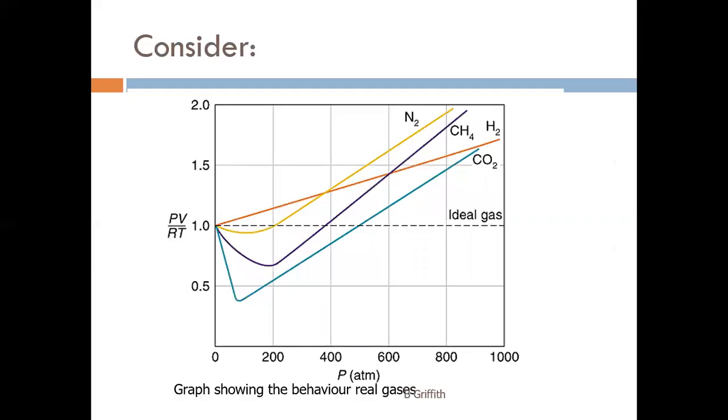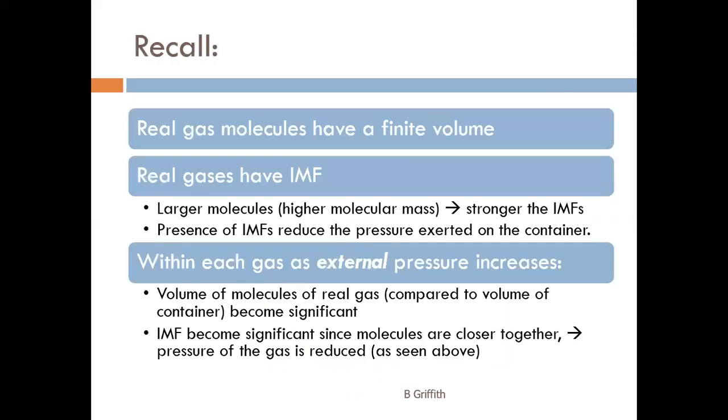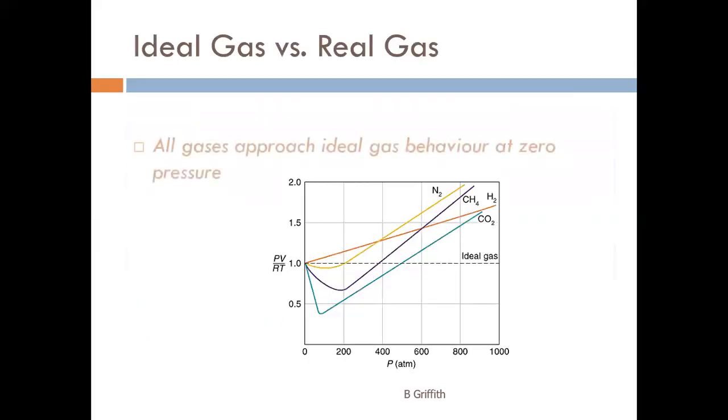But the question that I had asked is, under which condition do they all approach ideal gas behavior? You should see that all gases approach ideal gas behavior at 0 atmospheres of pressure. At 0, they all are on the ideal gas line. Then as pressure increases, there will be deviations above and below.